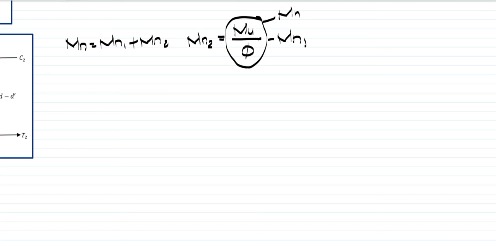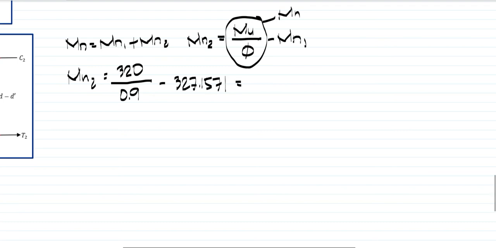Calculating, Mn2 is 320 divided by phi, which is 0.9, minus the Mn1 we calculated earlier, 327.1571. We get a value of 28.3985 kilonewton meter. This is our Mn2.